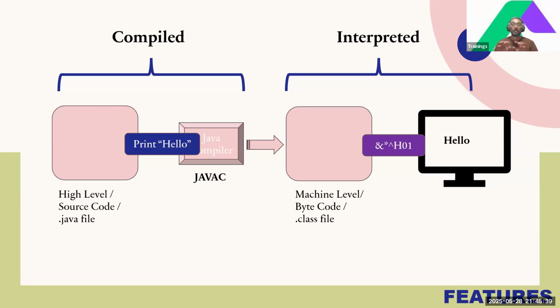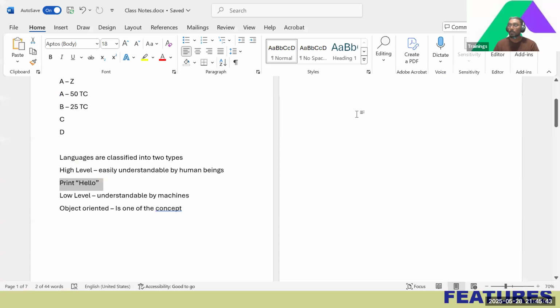Whenever you type any statement, here I am typing A. A is high level, but my machine knows what A means, because for A there is some code present. So whenever I press A, this code will be triggered. Then the processor will convert this code and print A to us.